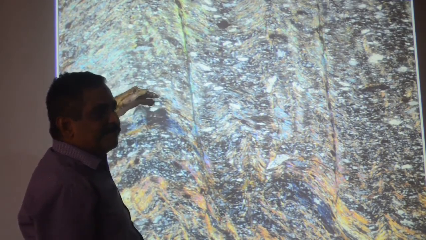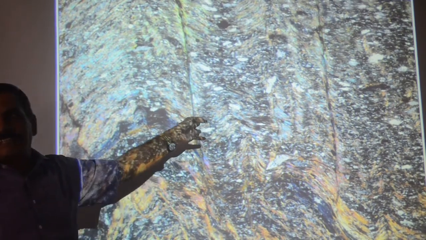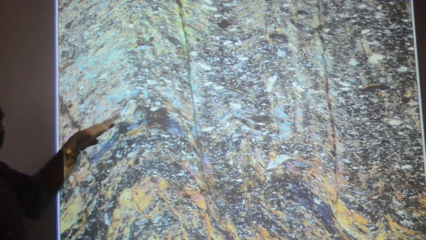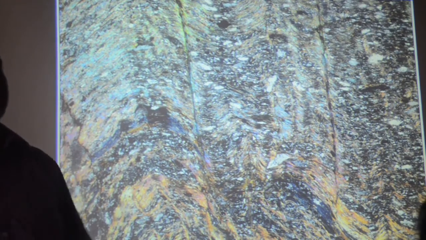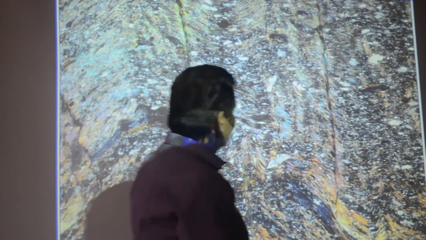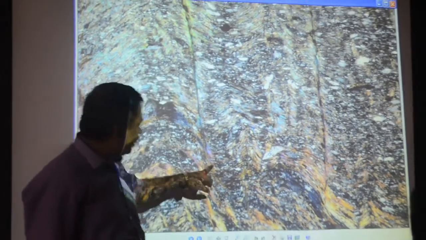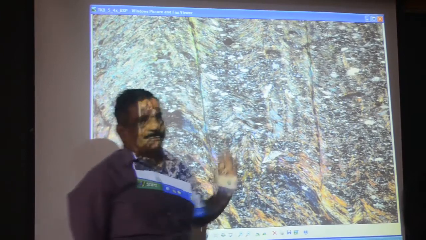Slaty cleavage, because the rock breaks very closely, but this is not a penetrative feature. Widely spaced, right? Widely spaced. But this is a penetrative feature. S1 is a penetrative feature. S2 is not a penetrative feature. It's just like a fault. It died out here, look. It is not continuous. It is somewhere present, somewhere not.